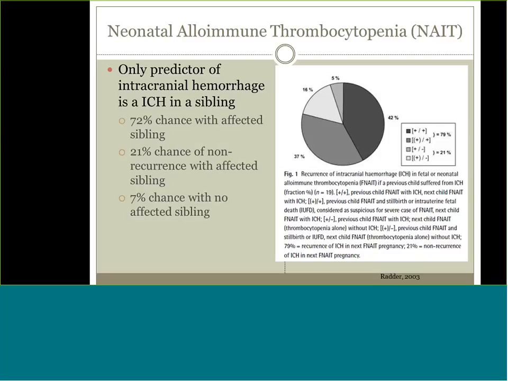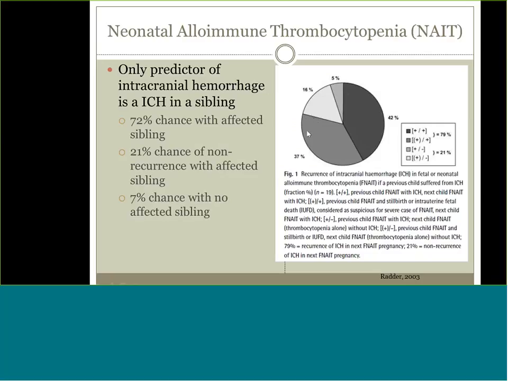So these are 19 subsequent pregnancies whose older sibling had an intracranial hemorrhage, or at least was suspected of having intracranial hemorrhage. And the majority... And NATE. And NATE, yes, exactly. So they either had an unexplained thrombocytopenia in a fetal loss with a large bleed, or they were actually born with suspected NATE.